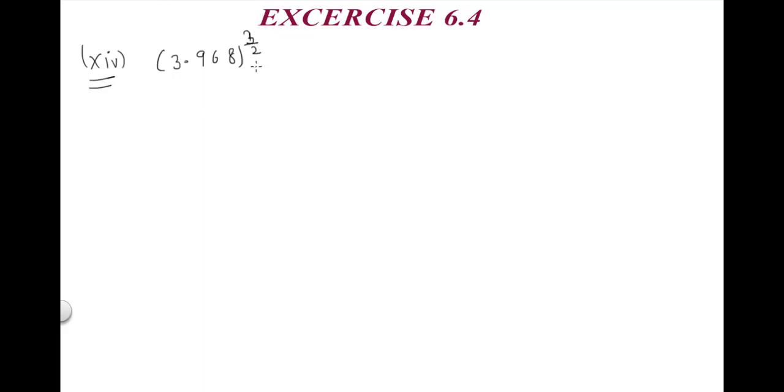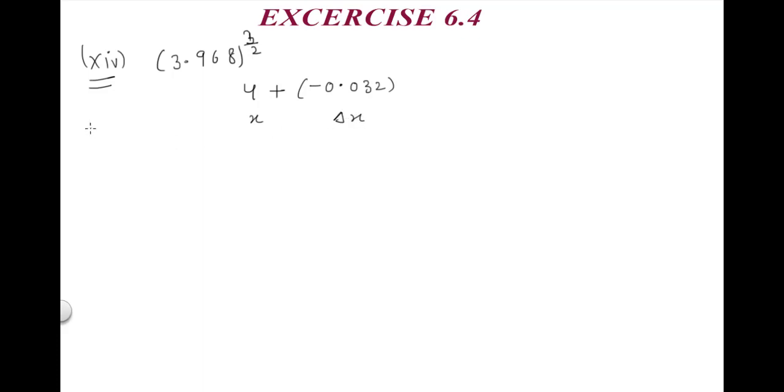To remove that, you should think of a number which is very close to 3.968, and we see it is 4. Now we have to subtract something from 4 so that we get 3.968. So the number will be 0.032. So we can consider this as x and this as delta x.